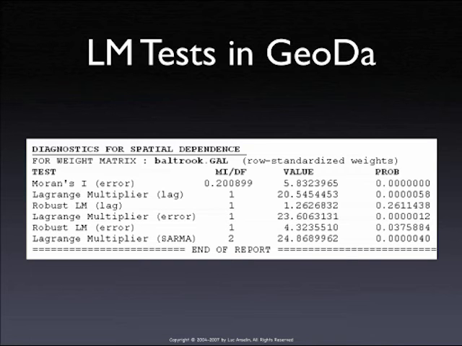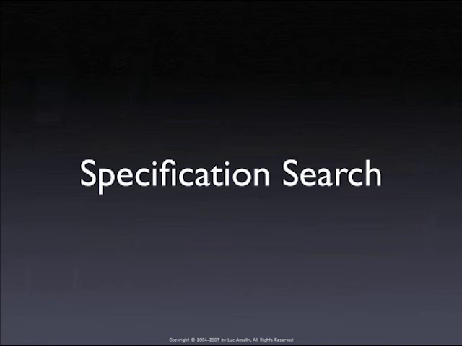What that does is when you look at the GMM estimation, it adjusts the standard errors for this uncertain spatial correlation that you might have in the error term. But we'll revisit this in a minute when we talk about specification search.